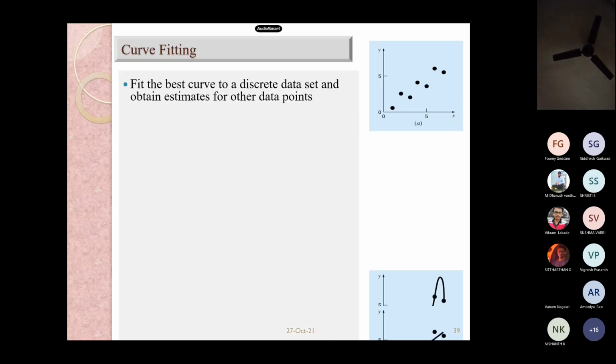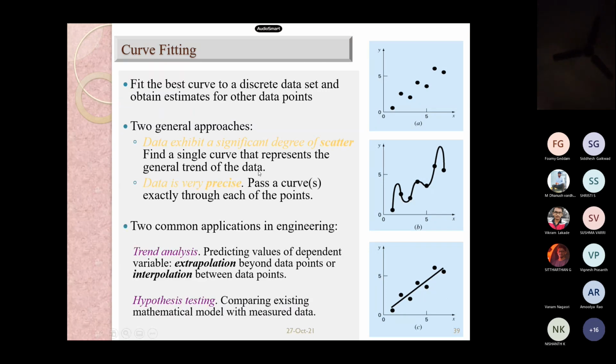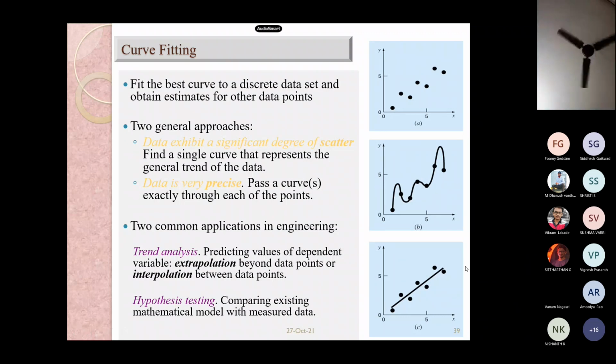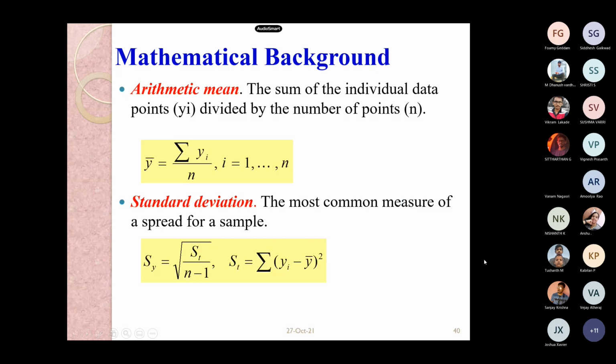And see, when we have data, this is the actual curve. In order to build the empirical model, the trend line has to be made, and it has to cover all the points. That is the objective.